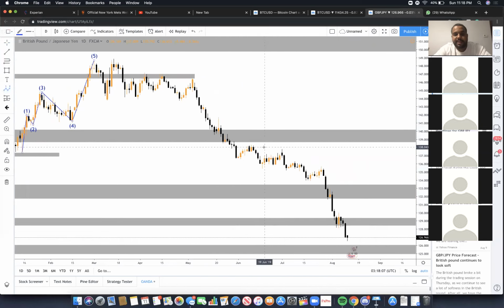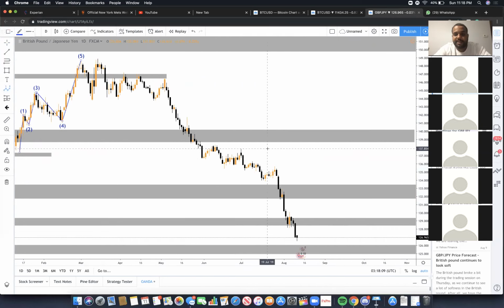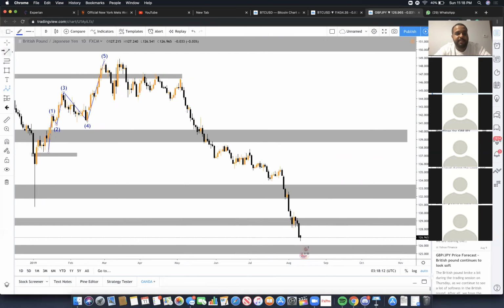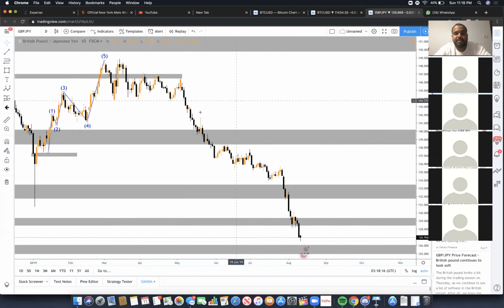That after the retest, right? So if I adjust this zone here, so here's my breakout, here's my retest. Now we can start counting, right? 0 to 1, here's 2, here's 3, here's 4, here's 5.